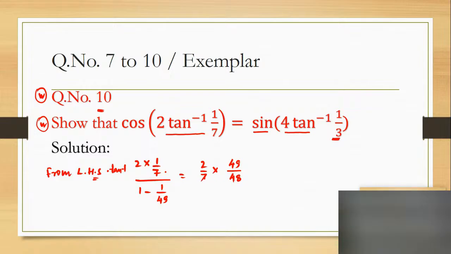So 7 sevens are 49, and 24 twos are 48. So here will be 7 by 24.